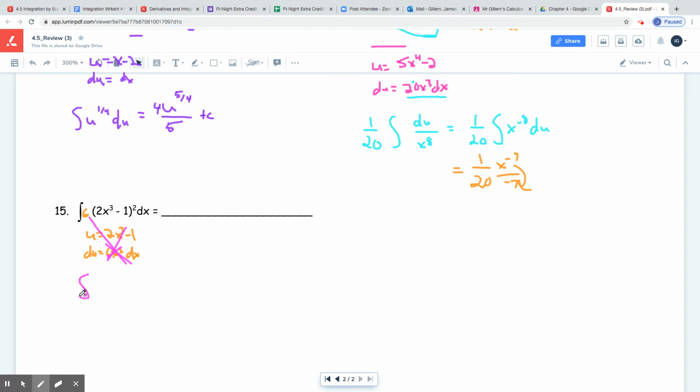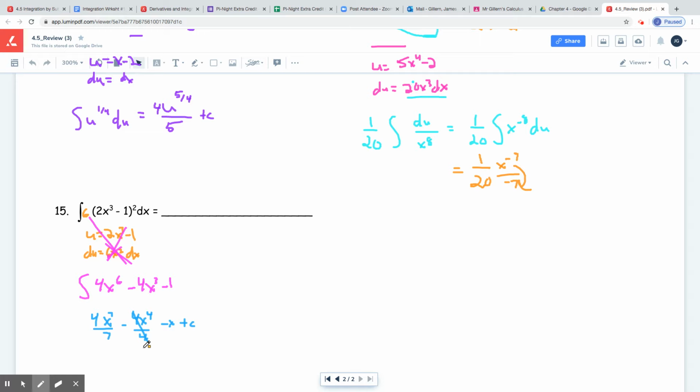So this is now the integral of 4x to the 6th minus 4x cubed minus 1. Then just integrate each of these: 4x to the 7th over 7 minus 4x to the 4th over 4 minus x plus c.